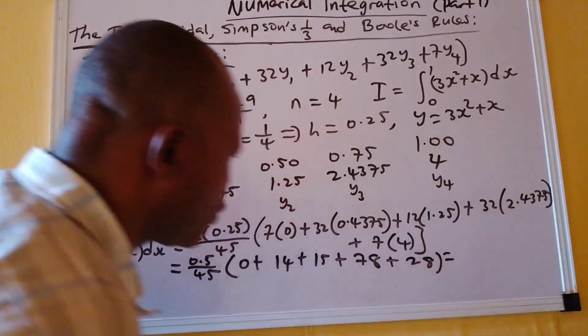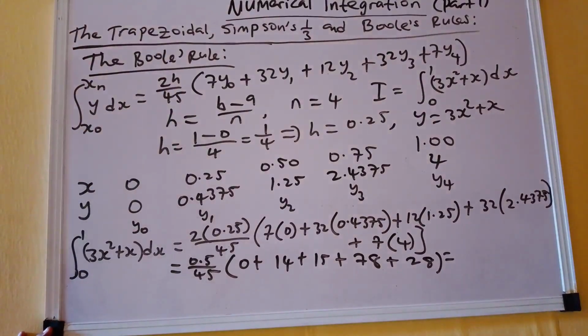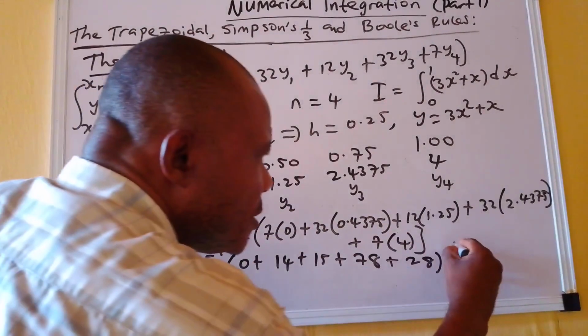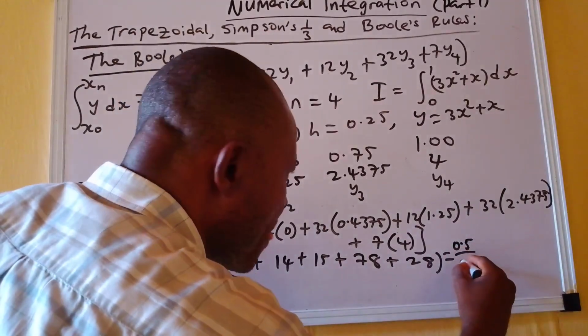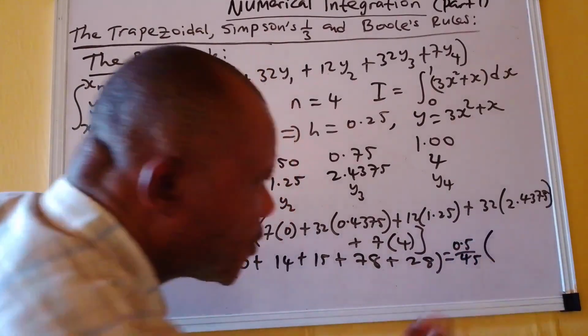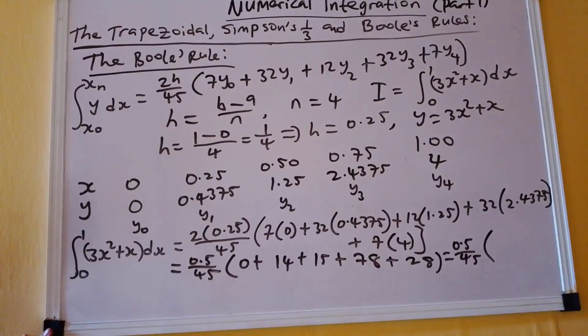So this will now be equal to 0.5 over 45 into 135.